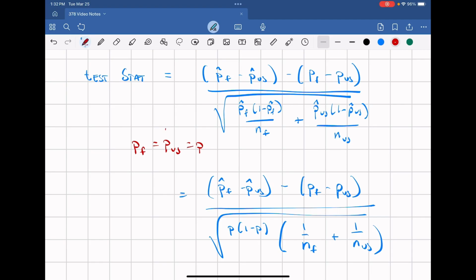I can simplify that and then factor out P and 1 minus P.